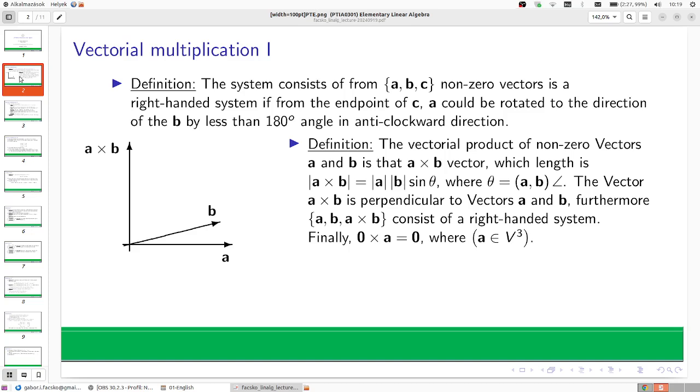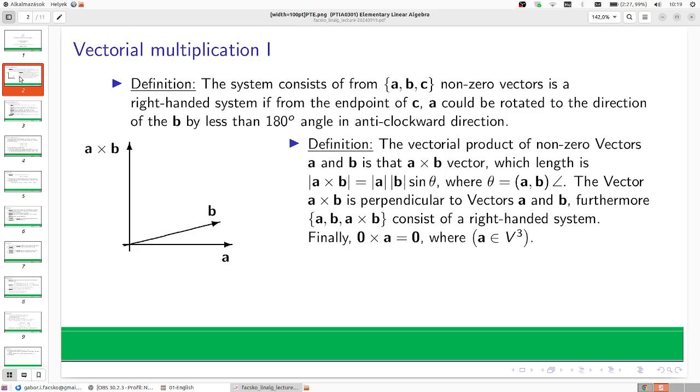Okay, let's define the right-handed system. Actually, I don't like this term. Very simple. It's almost not primary school, but secondary. You have three vectors. The first is in this direction. The second is there, and this is the third direction. And this is the right-handed system.